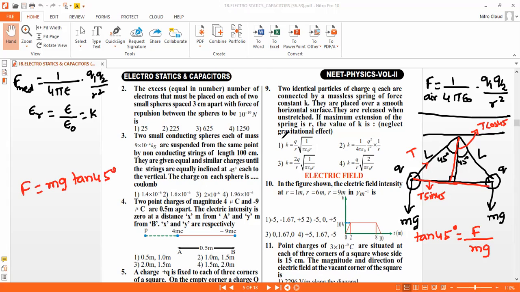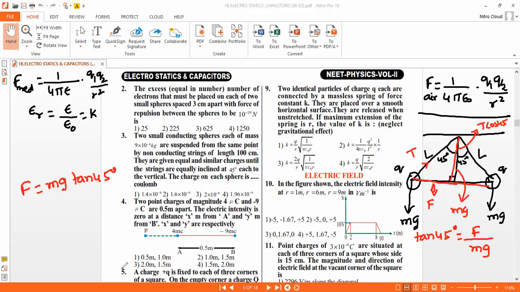Now, is it fine? See, tan 45, this is the F, and here it is mg.